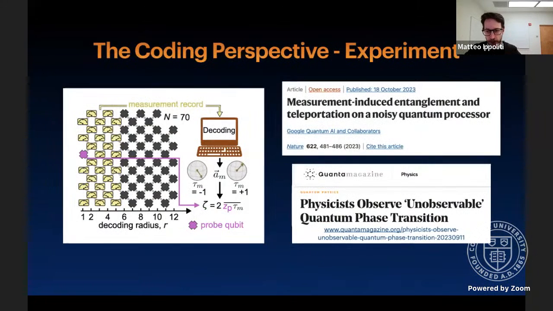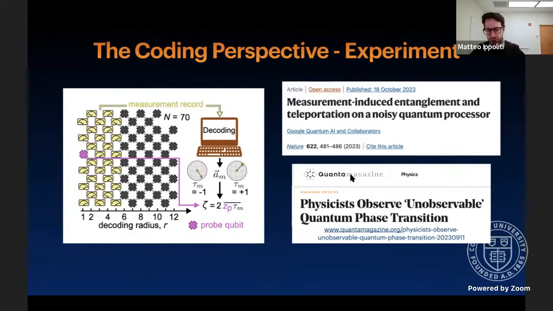But just before I move on to that, I just want to emphasize that this can actually be done in experiment. And in fact, it's been done now a couple of times. Most recently in this experiment that I collaborated on with Google Quantum AI, where we take exactly this point of view of making a bunch of measurements, sending them to a simulation, doing this decoding, and then computing some kind of cross-correlation between quantum experiment and classical simulation to get some order parameter, okay?